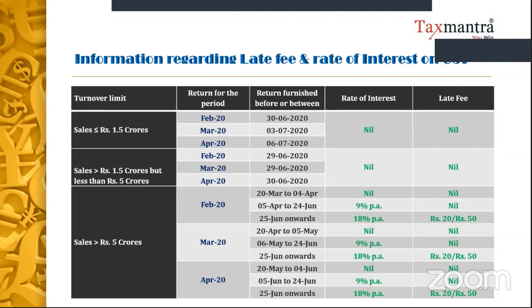If the taxpayer makes the payment after 25th of June, then the interest rate would be 18% and the late fees will be 20 or 50%. I will come up with some illustration in the next slide that will be clear to you on how we'll calculate the GST interest amount.